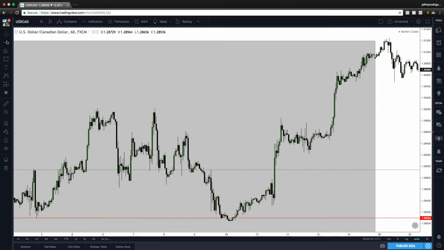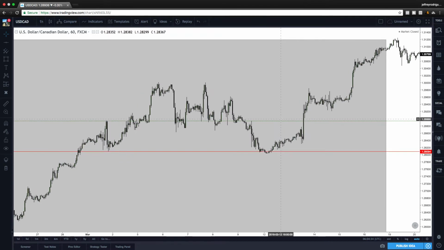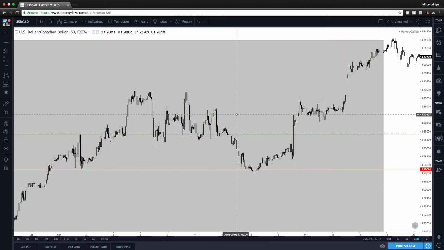Where would I expect them to go? To take out previous resistance. Here, here, here, right? And that's what they did. They came up there. And so that answers why you shouldn't be afraid if you're trading off of a higher time frame directional bias.